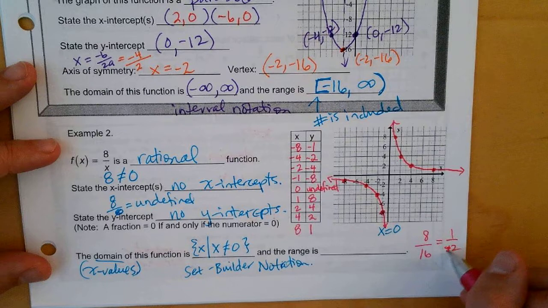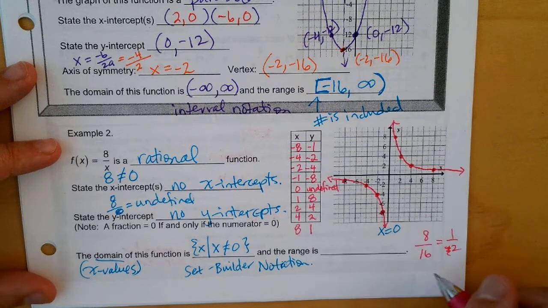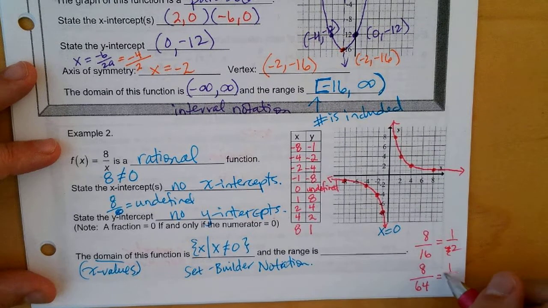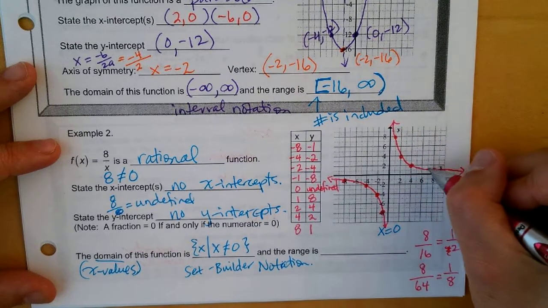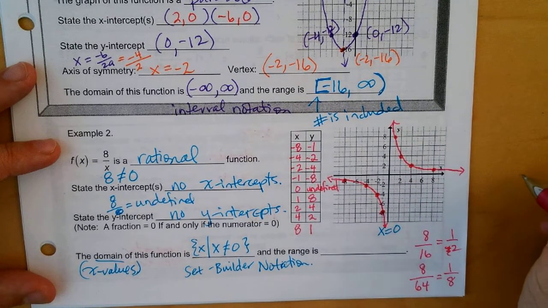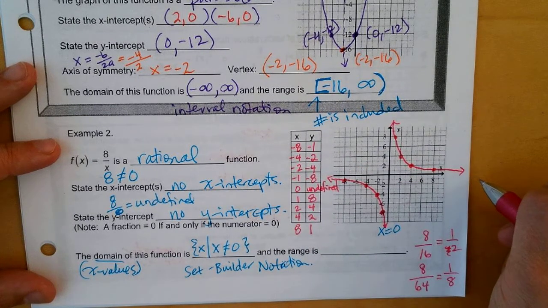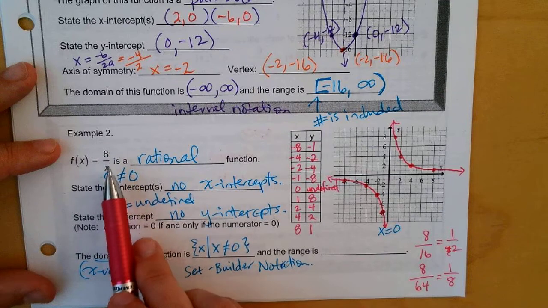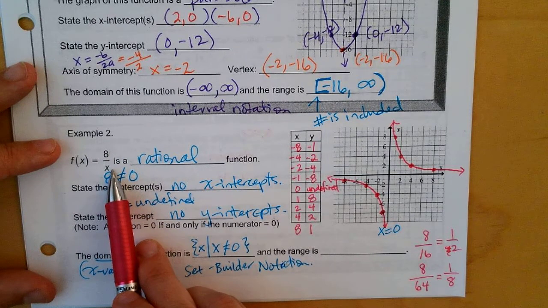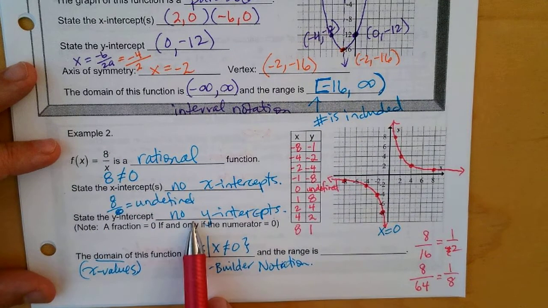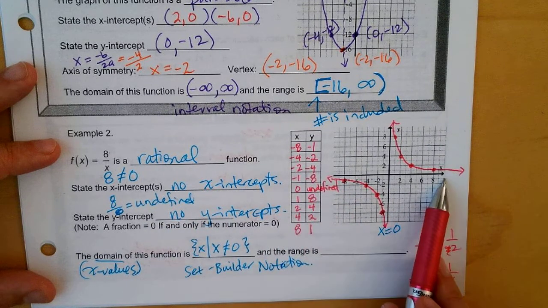Oops, not 1/12, 1/2. Okay. What if you did 8 divided by 64? That's actually going to be 1/8. And so you're going to see that as x goes to infinity, as x gets really, really big, you're never going to be able to get to 0. Since you have no x-intercept, remember how we said it would never cross the x-axis?